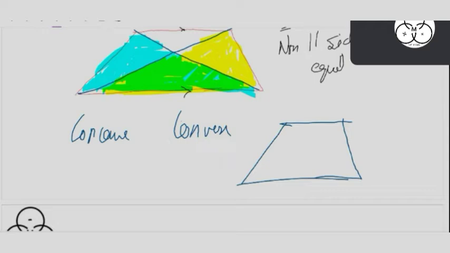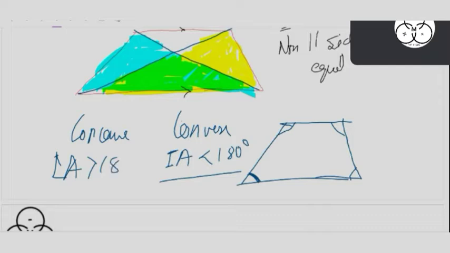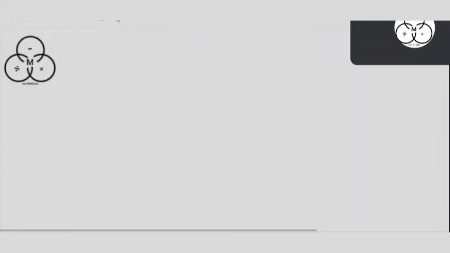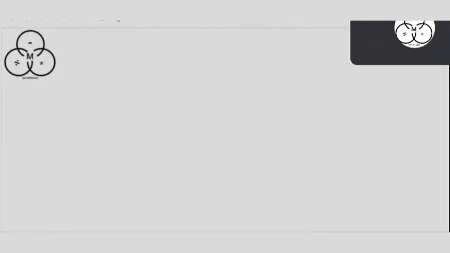In a convex quadrilateral, all the interior angles, let me denote interior angle by IA, are strictly less than 180 degrees. This is a convex quadrilateral, and if any interior angle is greater than 180 degrees, this will be a concave quadrilateral. This is concave and convex. Now concave gone, convex gone.